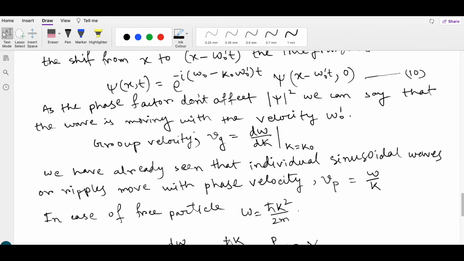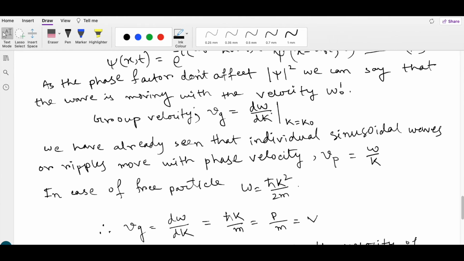In place of v, here we have omega naught prime. So this is the velocity with which the wave packet is moving, and we call this the group velocity Vg. Vg is d omega by dk, the derivative of omega with respect to k at k equals k0.